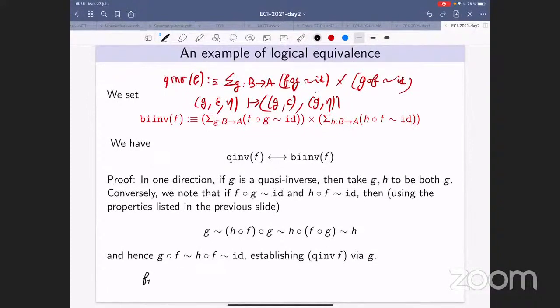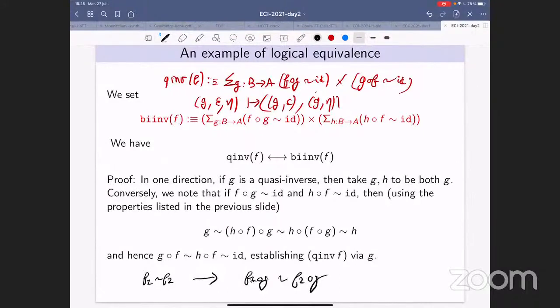We have to prove that if F1 is homotopic to F2, then this implies logically that F1 composed with G is homotopic to F2 composed with G. So we will prove that after the break.